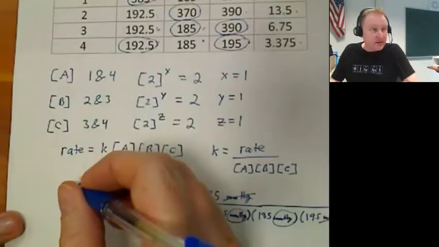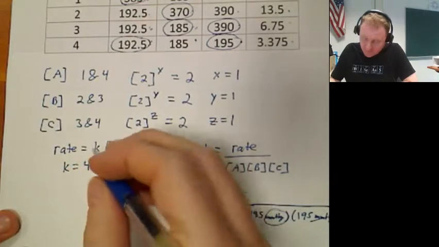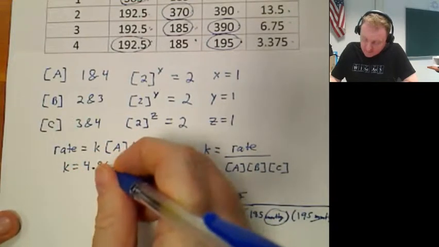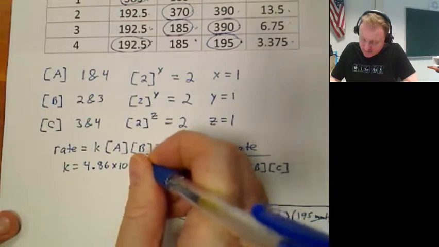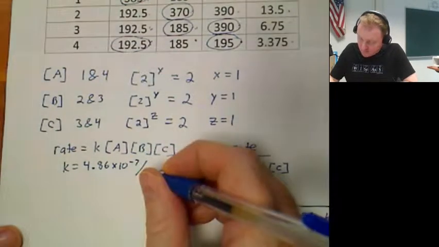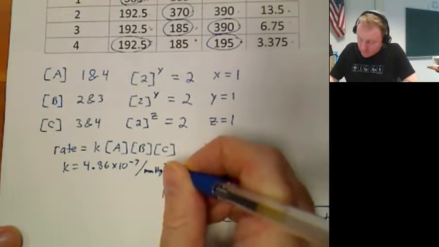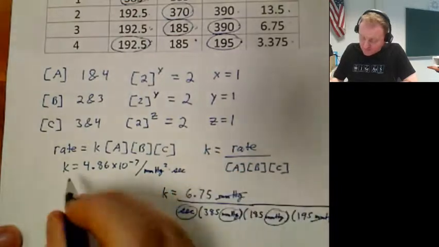So I'm going to put that right here. k equals 4.86 times 10 to the negative 7th. And my units are per millimeter of mercury squared seconds.